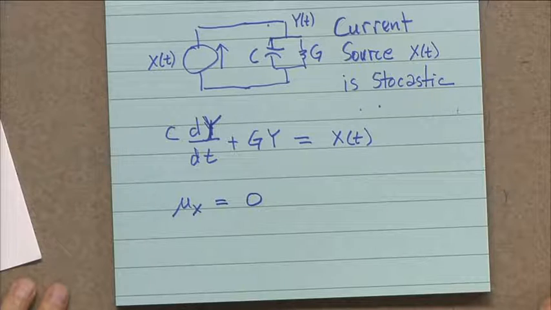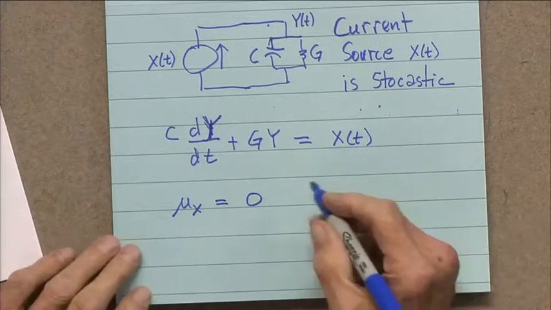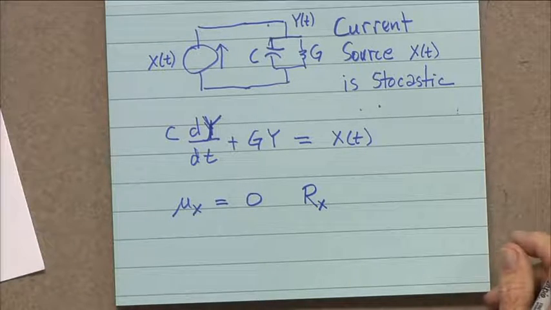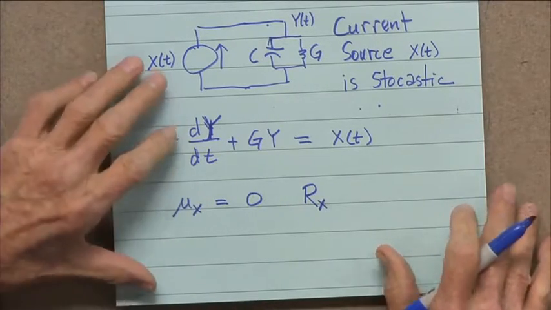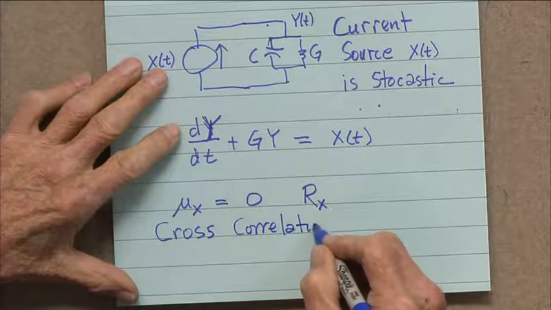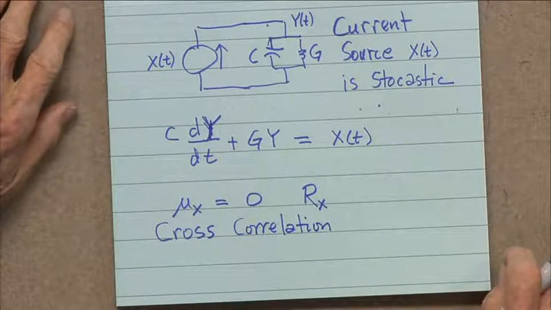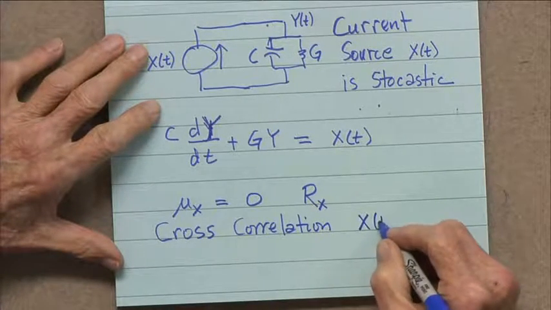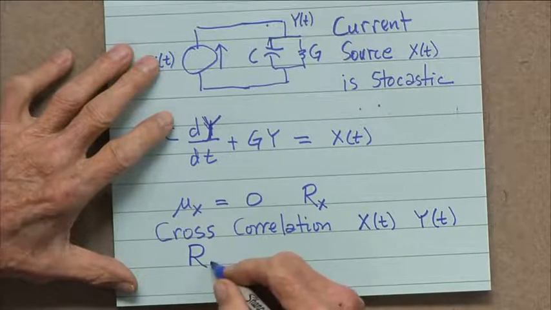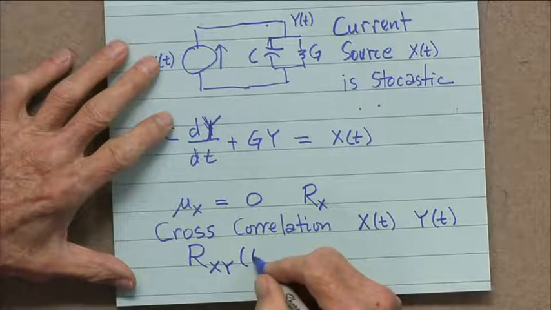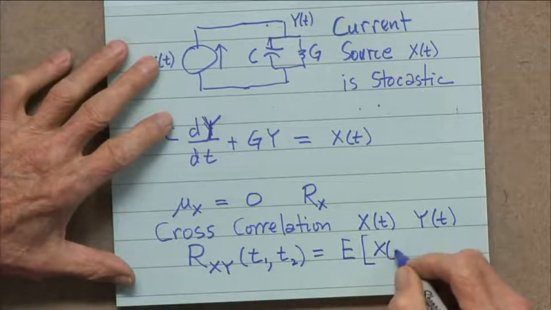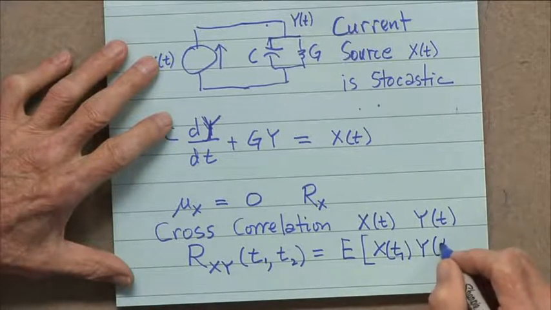And we are given, for example, the autocorrelation function R X. Since we'll be talking about cross correlation of X of t with Y of t, the cross correlation R XY of T1, T2 is equal to the expected value of the random variable X at T1 times the random variable Y at T2.